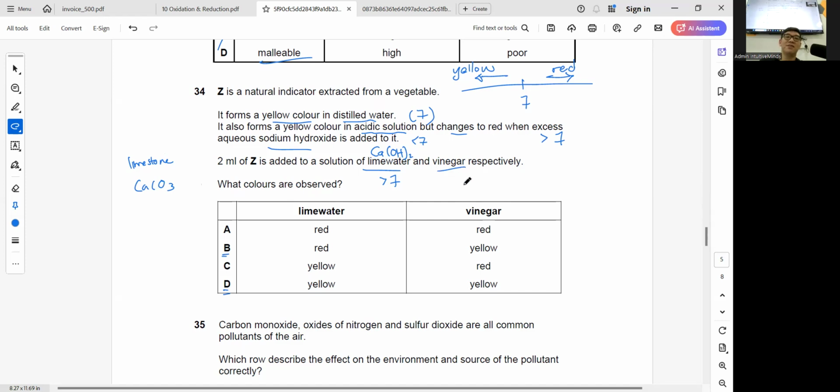Vinegar, what's the pH level? Less than 7. Lime water, more than 7, is red, so B is correct and D is wrong. Vinegar is less than 7, therefore it must be yellow.